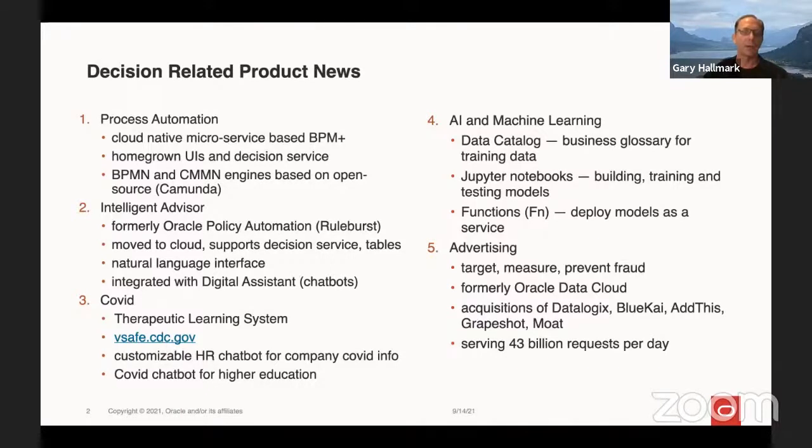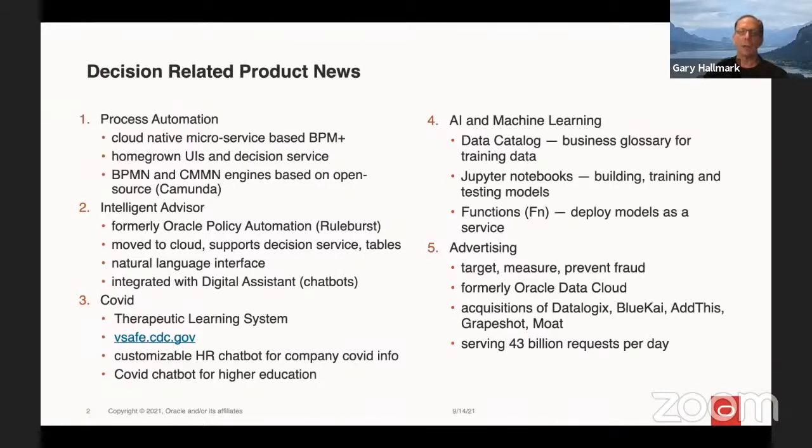And both of those give data to the CDC for further analysis. And there's a couple of chatbots. One's customizable so that companies can have a chatbot to answer their employees' concerns about measures the company is taking for COVID. And similarly for higher education, are you supposed to show up for class or is everything virtual?